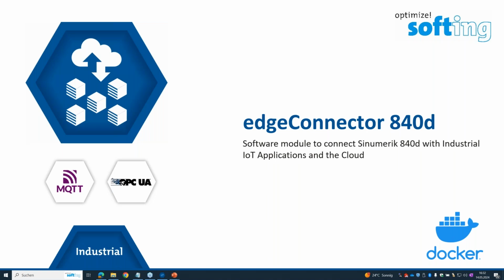All these use cases have something in common. They all need high quality data in the beginning. To overcome this challenge, Softing provides multiple solutions for it, like the edgeConnector 840D, a Docker container software, which is used to collect data from 840Ds, SINUMERIK.